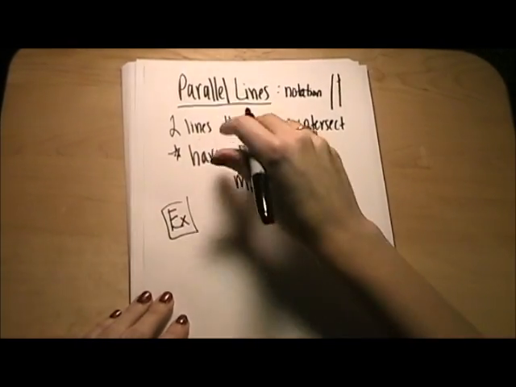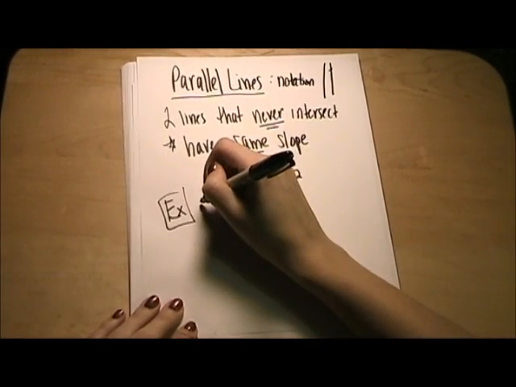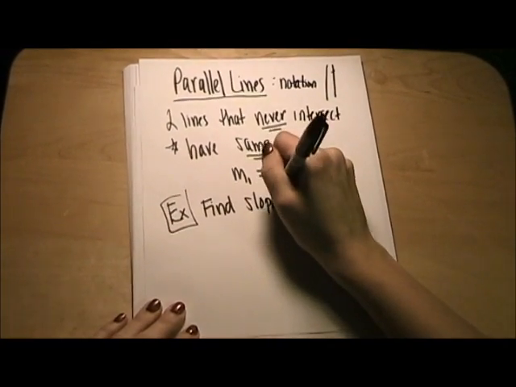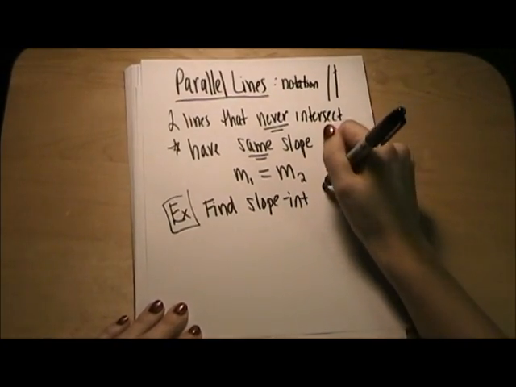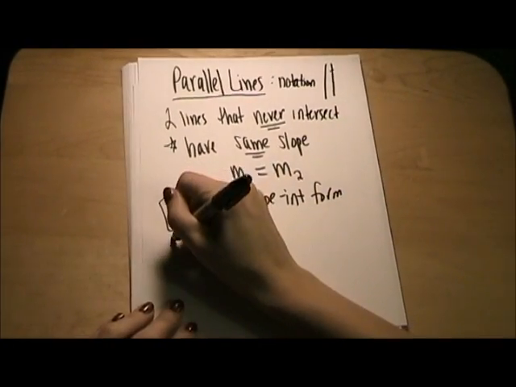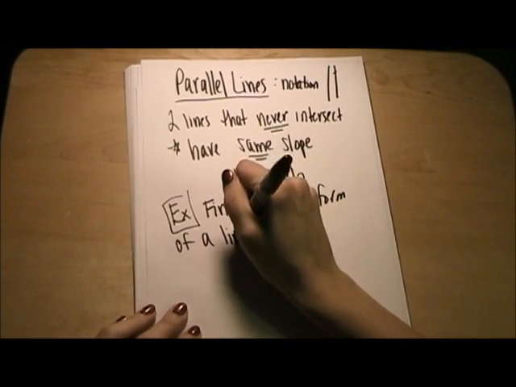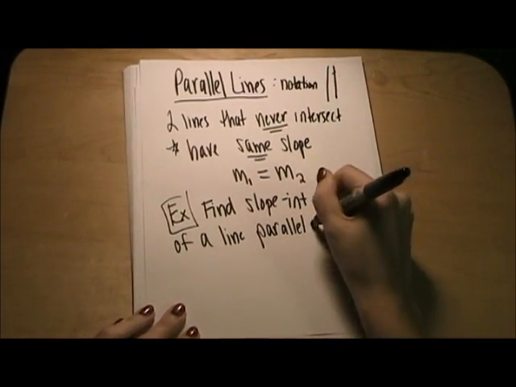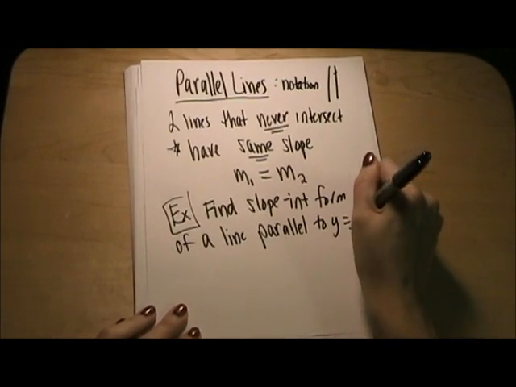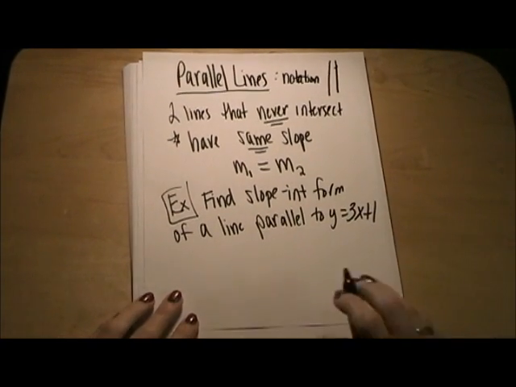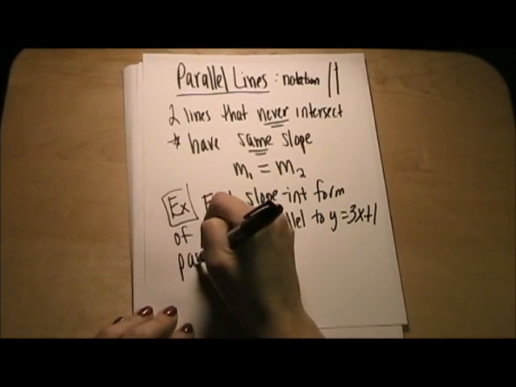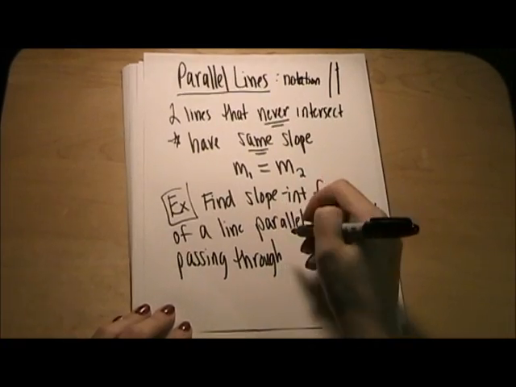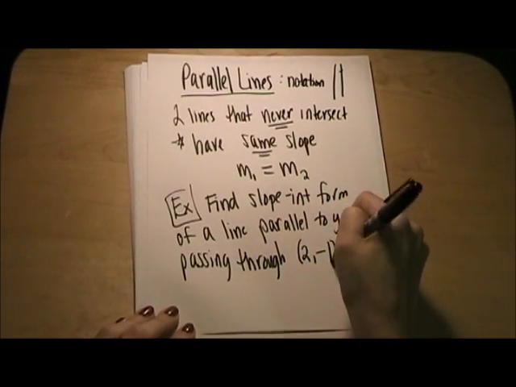So for example, if I say find slope-intercept form of a line parallel to y equals 3x plus 1, passing through 2, -1.